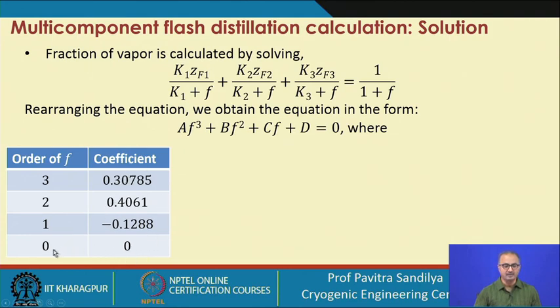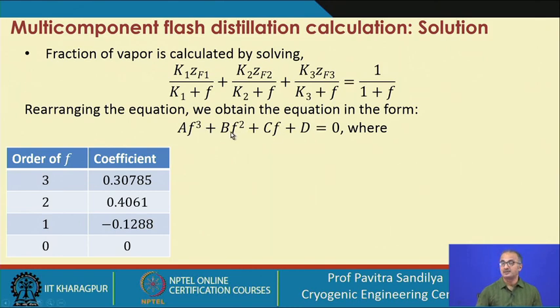Now, we find here that for F cubed, this is the A value, this is the B value for F square, F will have this value C, and D means F to the power 0, that is without any power of F, and this is the value of D. Now, once we find the value of D is coming out to be 0, then we can easily see that F equal to 0 will be one of the solutions of this particular equation.